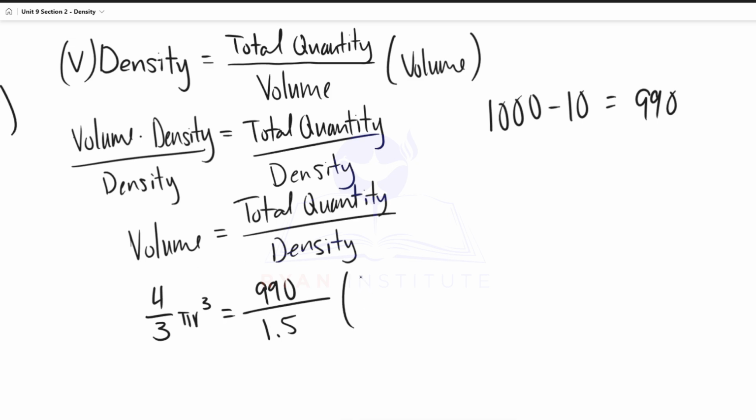We are going to multiply 3/4 on both sides. That cancels out.